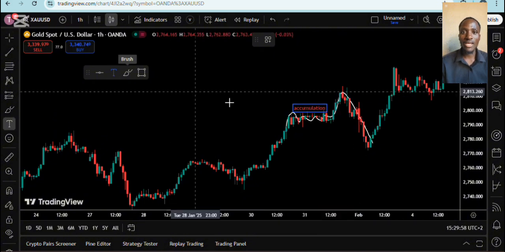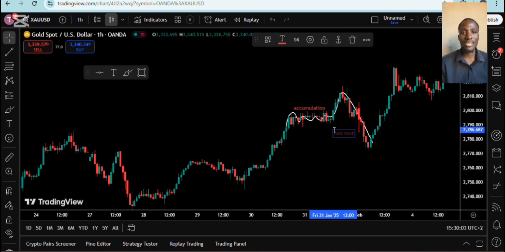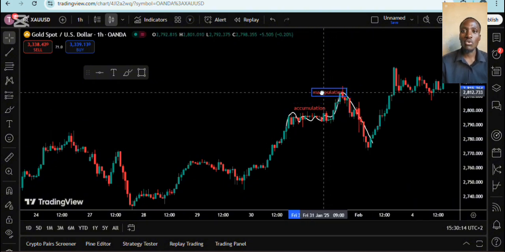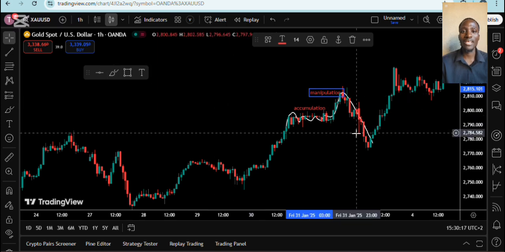Price manipulates, it fakes out. It goes the way it didn't want to go, just to fake people out. Then the distribution phase is the actual way price wanted to go before it manipulated people.